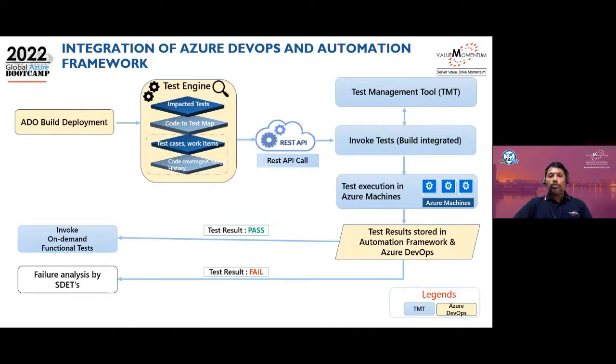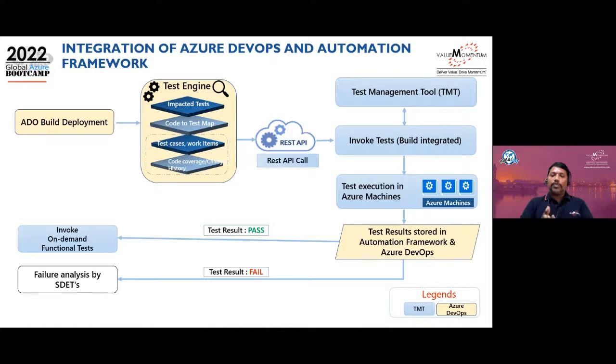So ADO build deployment, the code will get into the test engine where we have the automated test scripts or impacted test cases. And here we can use any type of technologies which we have learned since morning, like artificial intelligence and all.